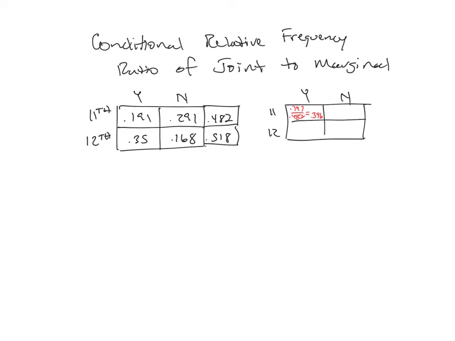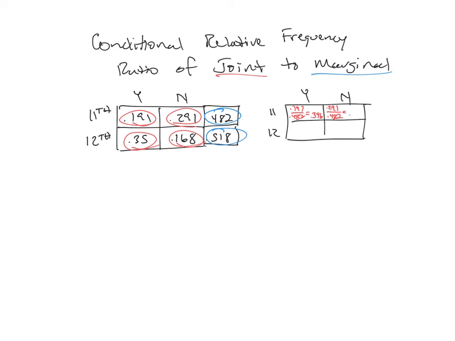And then I'm going to do the same thing on the no part, 0.291 divided by 0.482. So it's the same thing, the ratio of the joint to the marginal. Remember, the joint is on the inside and the marginal is on the outside. So this is all joint and the marginal is that.